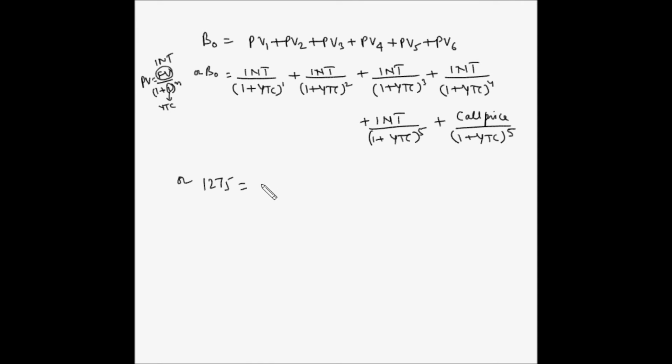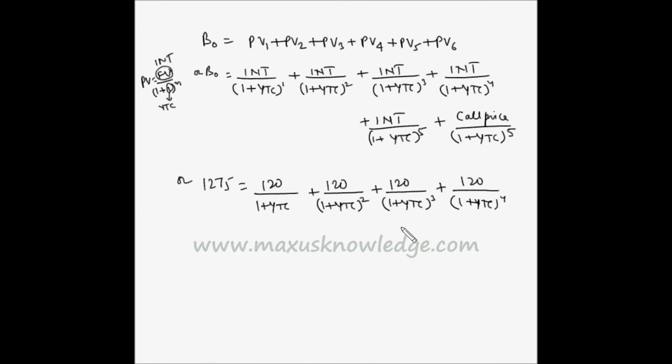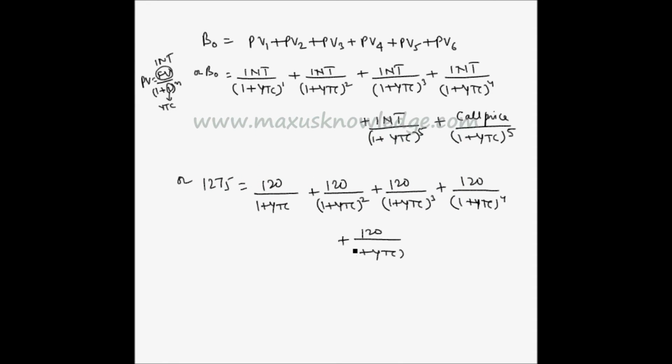So this is equal to 120 divided by (1 plus yield to call), plus 120 divided by (1 plus yield to call) square, plus 120 divided by (1 plus yield to call) cube, plus 120 divided by (1 plus yield to call) to the power 4, plus 120 divided by (1 plus yield to call) to the power 5, plus call price 1120 divided by (1 plus yield to call) to the power 5.